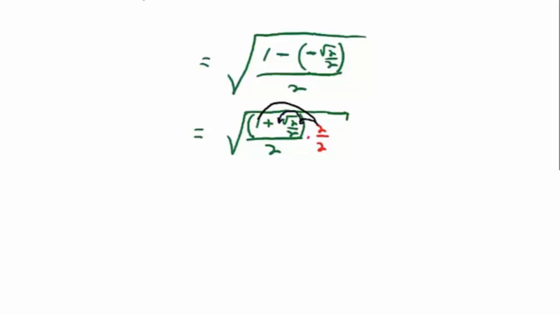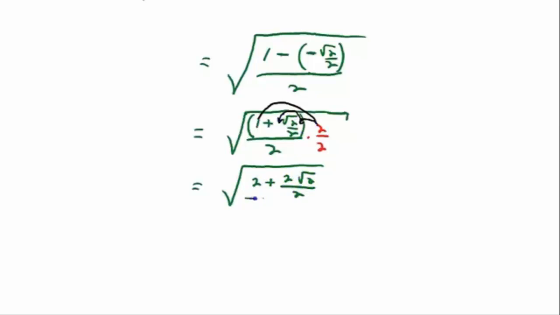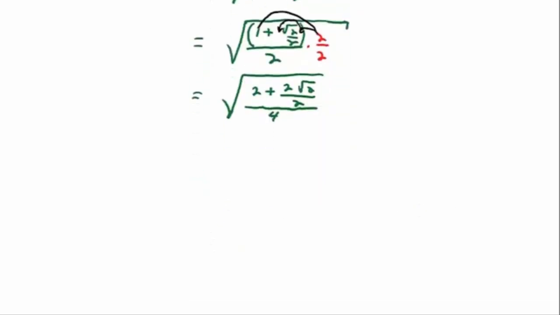And so what does that do for you? Well, it gets you the square root of 2 plus 2 radical 2 all over 2, if you distribute this 2 right here, and then all over 4. And this is all going on underneath the radical. But of course, these guys cancel.